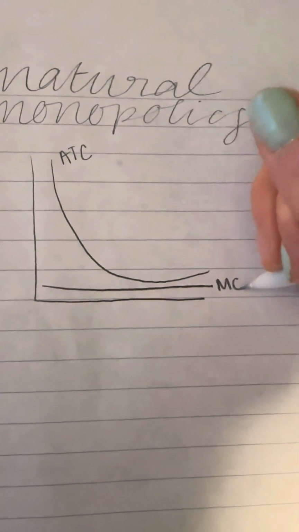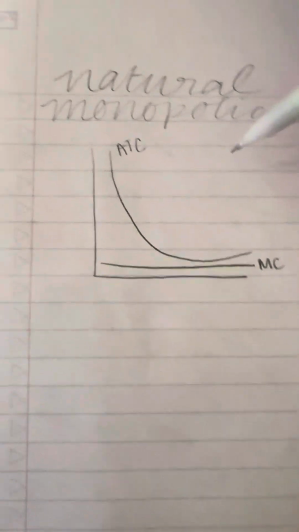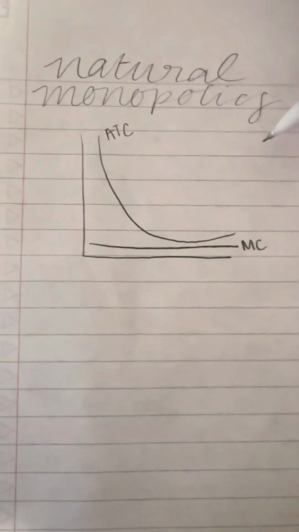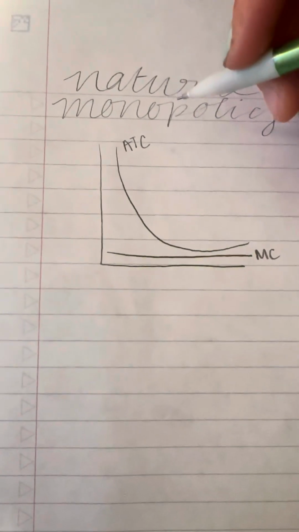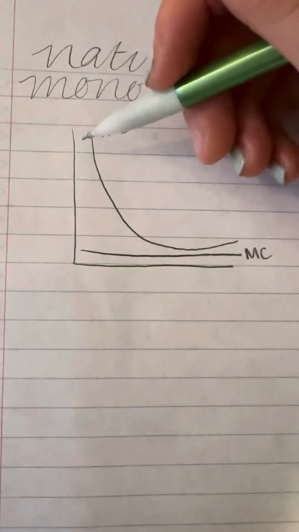Another characteristic of a natural monopoly is a low marginal cost. It's going to be a straight line, just like that. So with a natural monopoly, it's natural for only one firm to produce because they can produce at the lowest cost.